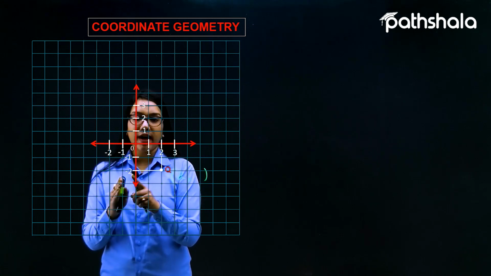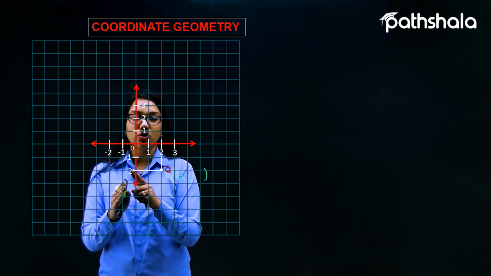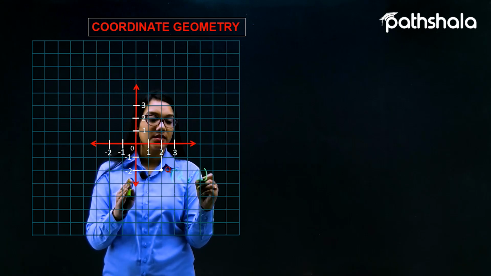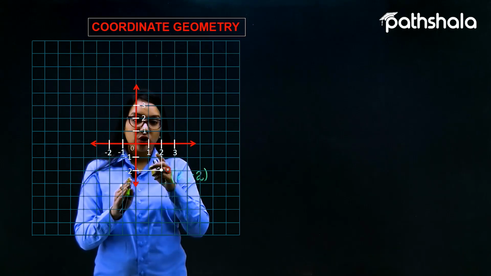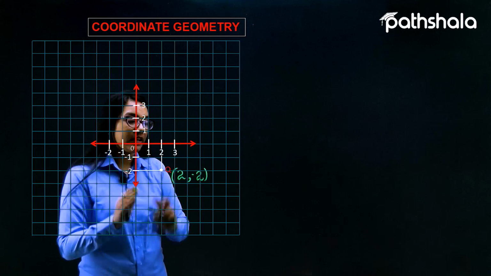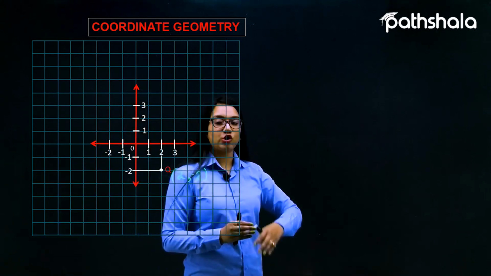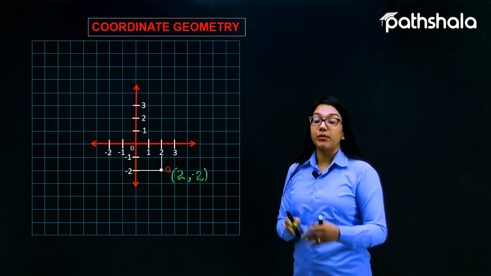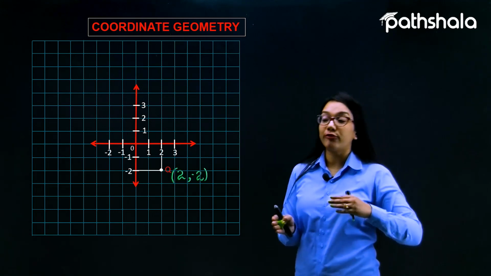The number on the y-axis is minus 2, so let's write the number as it is, that is minus 2. So this is our coordinate. Its position is 2, minus 2.